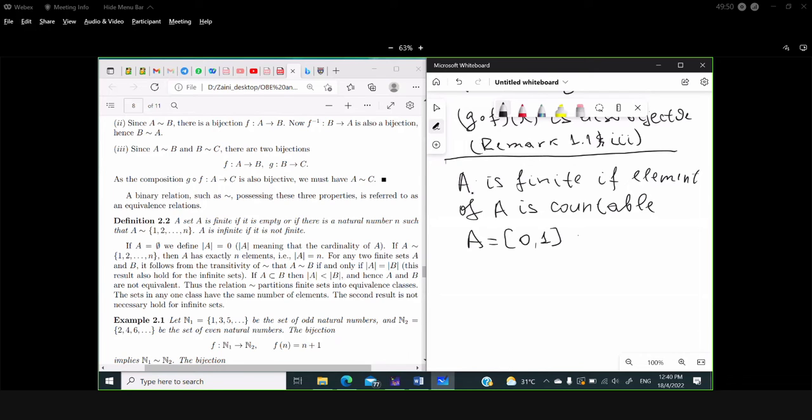The elements in 0, 1 are uncountable. We cannot count. So it means we cannot find an equivalence with 1, 2, etc., n. We cannot find the equivalence between this interval and this set.